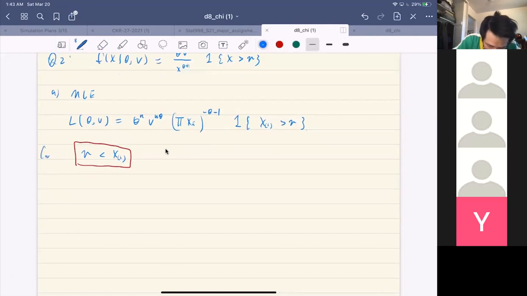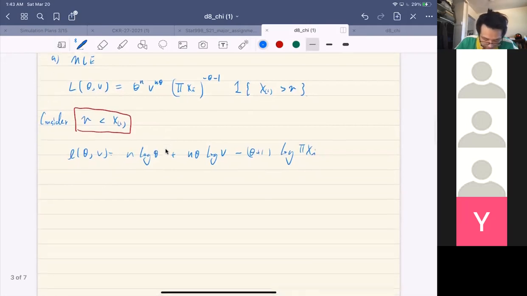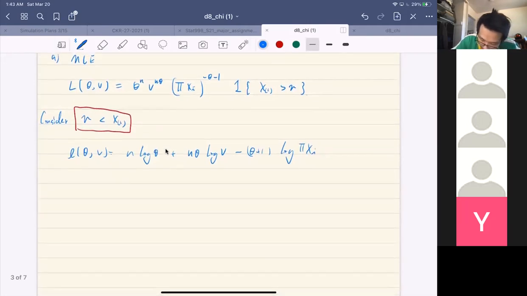So consider our log negative function, which will be log v minus theta plus 1 log. So we can find the derivative.